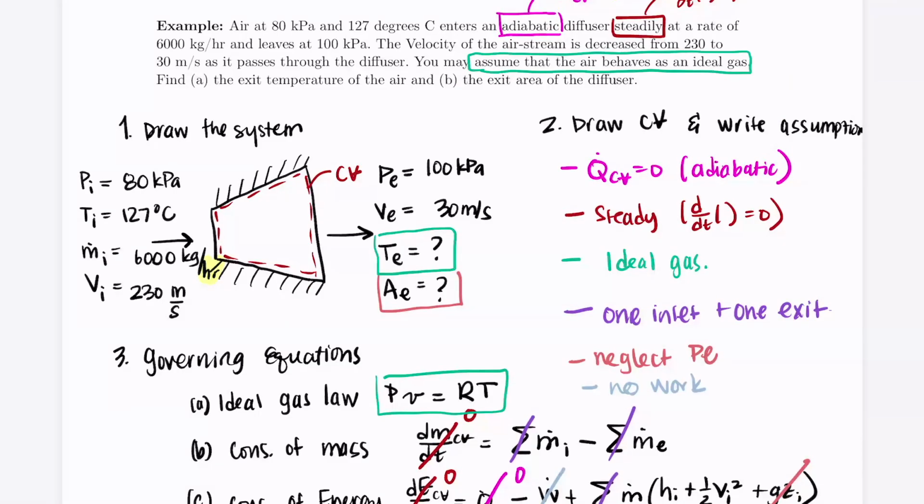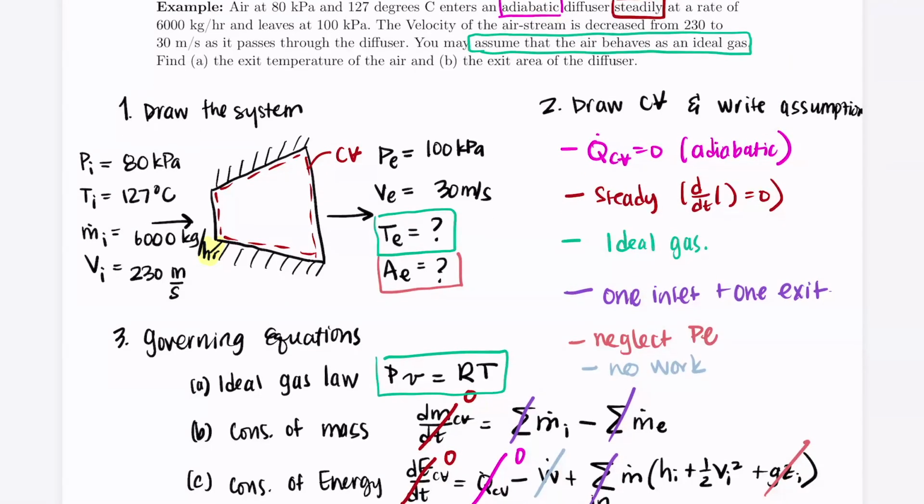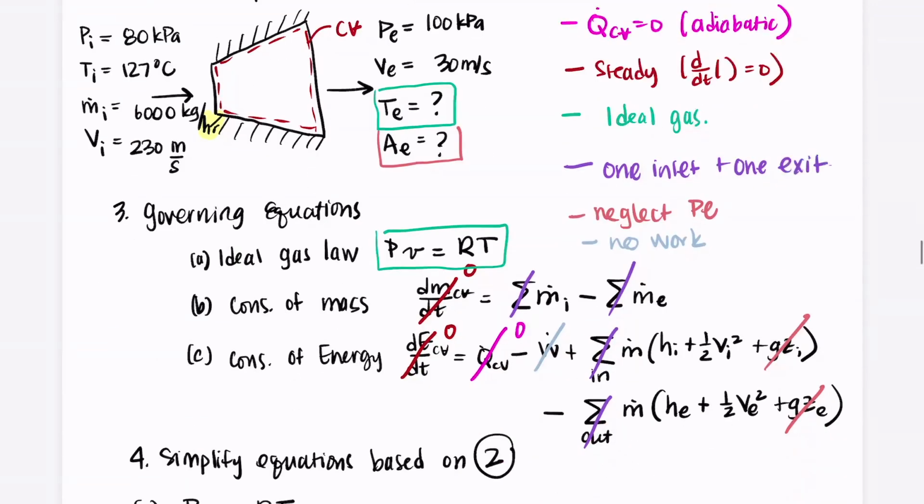Any suggestions on which one we should do first? I would suggest that we find the temperature first, so we can use the ideal gas law to find the temperature.